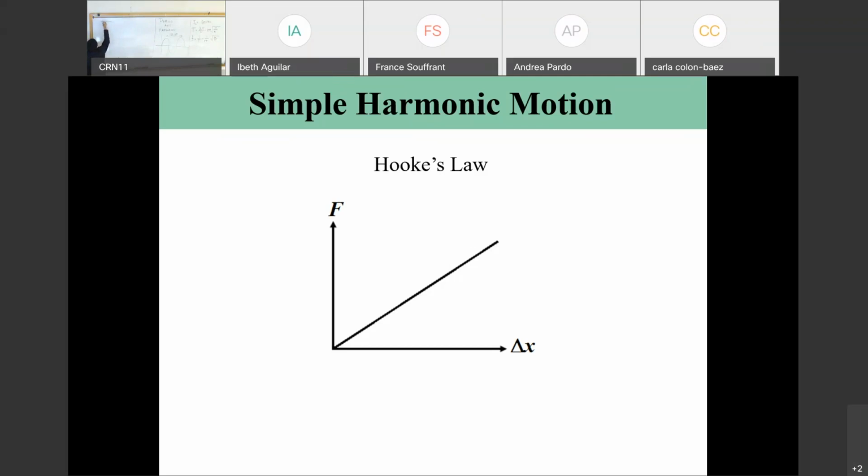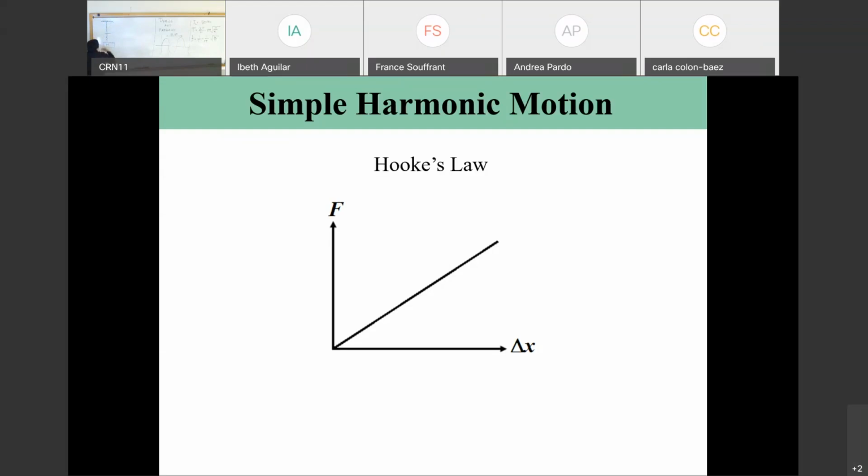So let's suppose they give you a mass. I'm going to draw it here. So this is the equilibrium there, and then the mass is there.